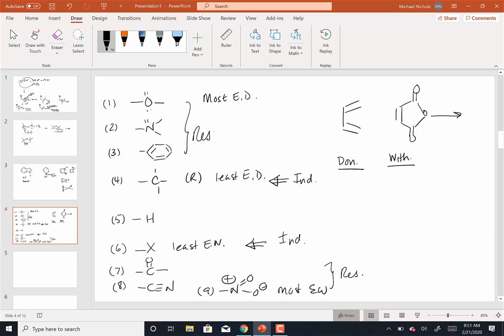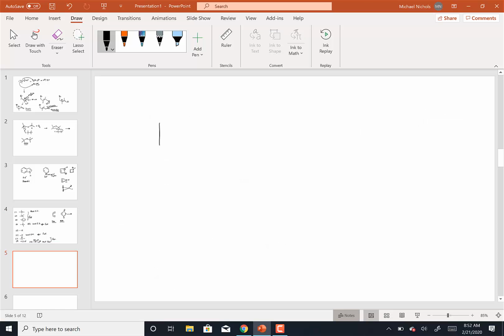I shouldn't say this either, but there's going to be another Diels-Alder reaction, at least one, if not more, on the exams. And when I give them to you, I'm going to give them to you in the correct electron donating withdrawing. So if you went back and looked at one of the last quizzes that I gave you, I think I did something like this.